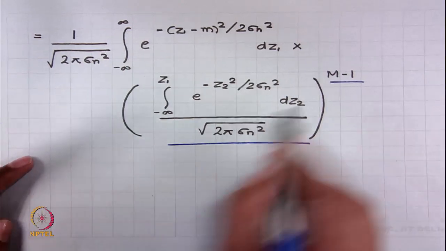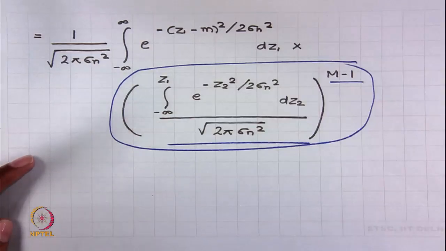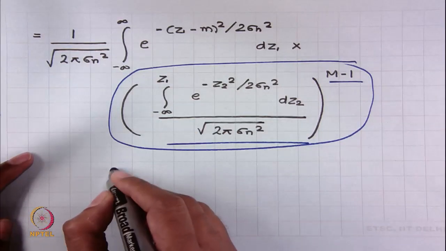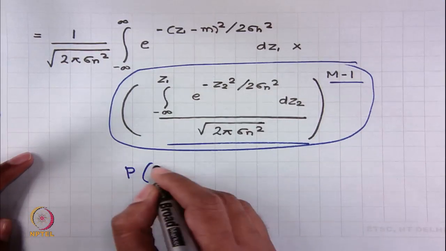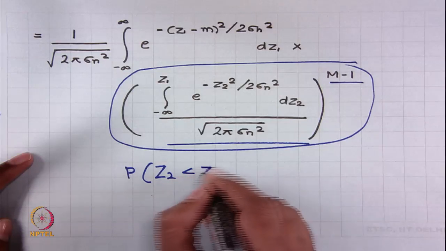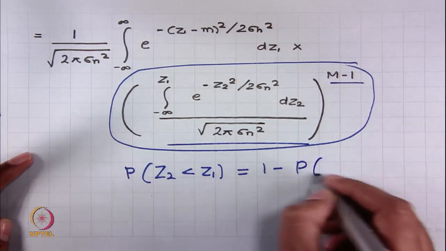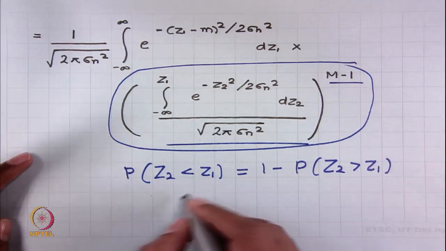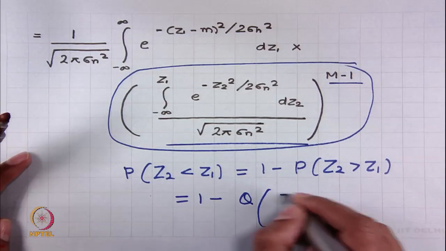Now, what we want to do is we want to express this thing in terms of Q function. We know that this is the probability that Z2 takes in a value less than Z1, and this is 1 minus probability that Z2 takes in a value greater than Z1. And we know how to work this out. This is Q Z1.